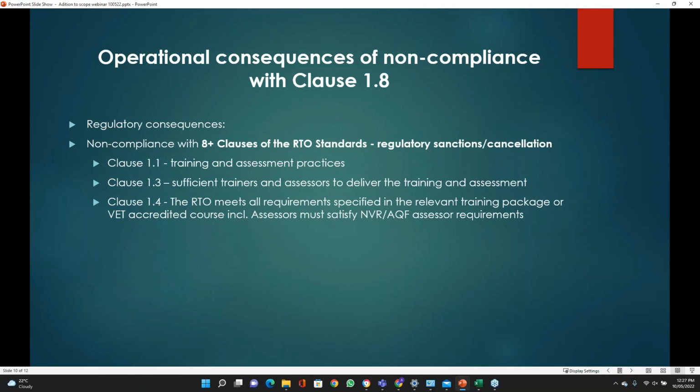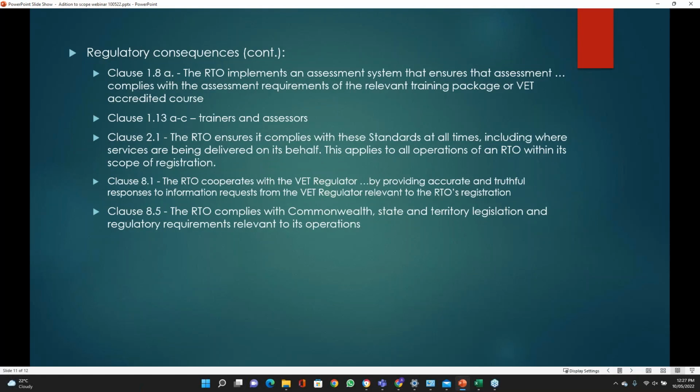We could be non-compliant with clause 1.3, which says that we should have enough trainers and assessors and resources ready to deliver. We could be non-compliant with clause 1.4, which says that the RTO must meet all of the requirements of the relevant training package or course.